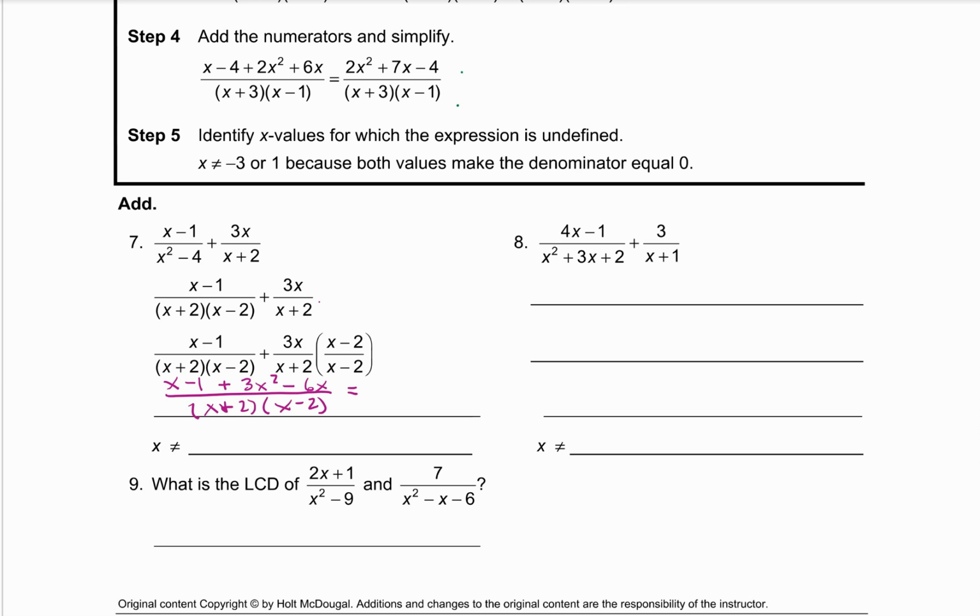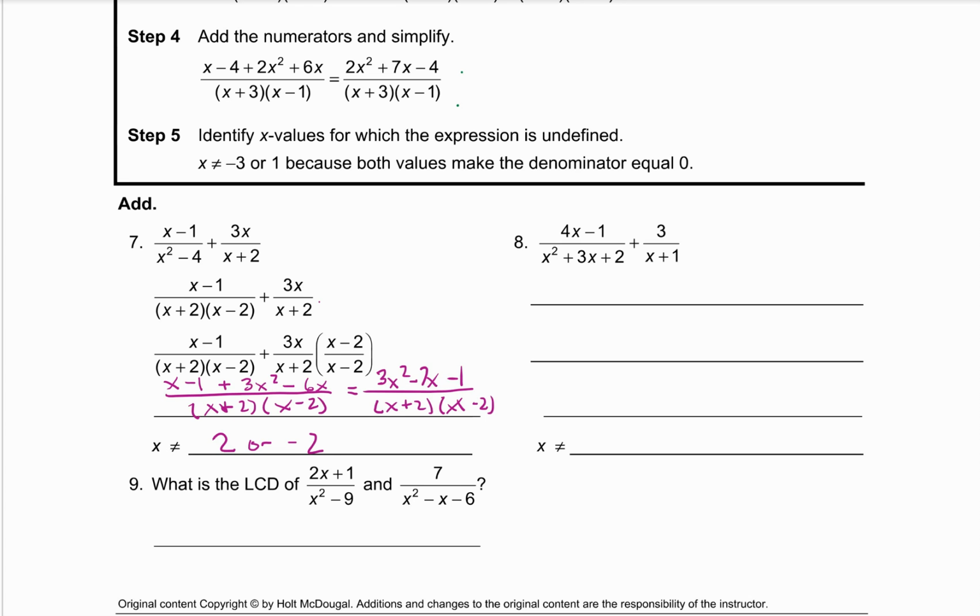Now if I combine my like terms, I end up with 3x squared minus 7x minus 1 over x plus 2 times x minus 2. And x cannot equal 2 or negative 2.